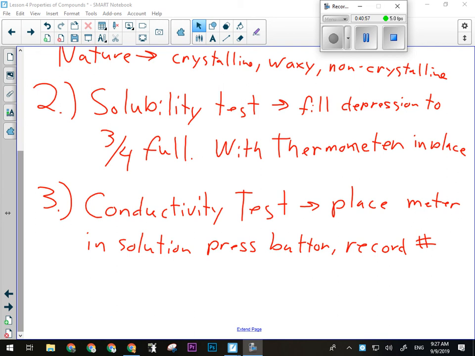Then I would move on to my conductivity test. For the conductivity test, I take the conductivity tester, press the button, and place it in the solution. I have to be patient with it because I didn't give it a lot of time to dissolve.